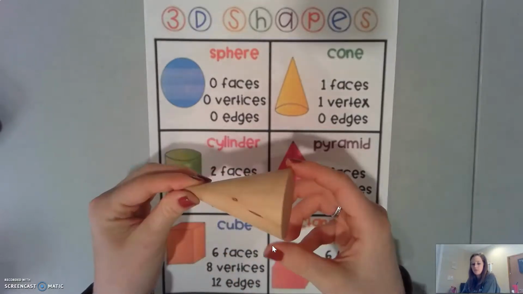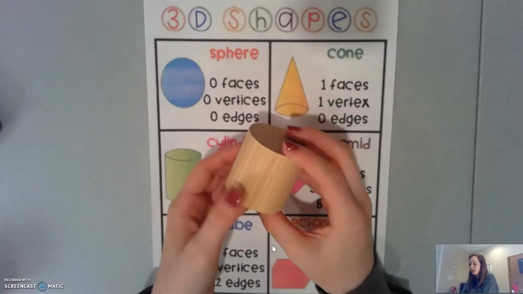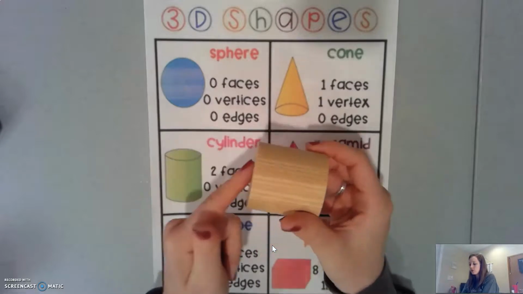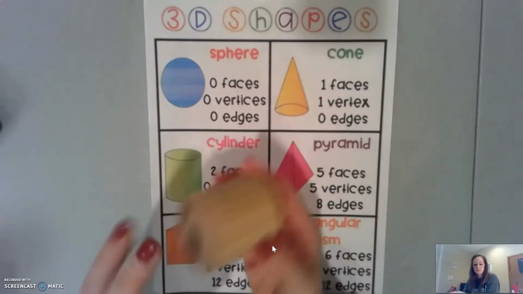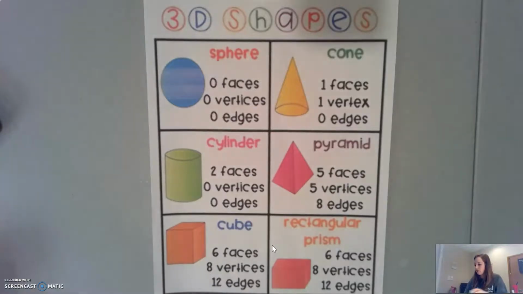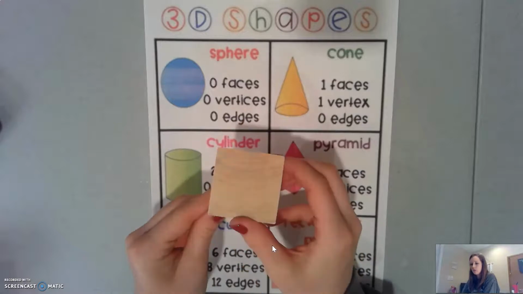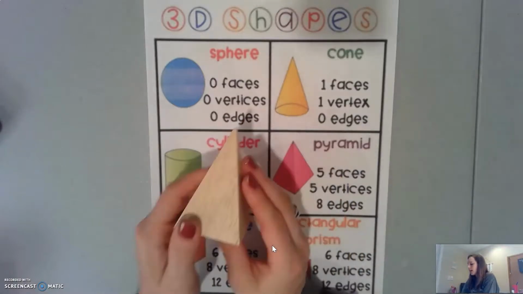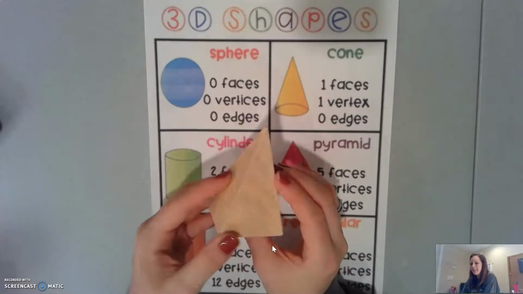One cylinder, again no vertices, just 2 faces on either side. Then we have our pyramid. A pyramid has 5 faces. Don't forget to count the bottom. 5 vertices as well, and 8 edges.